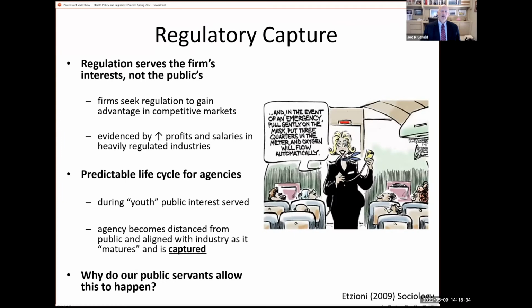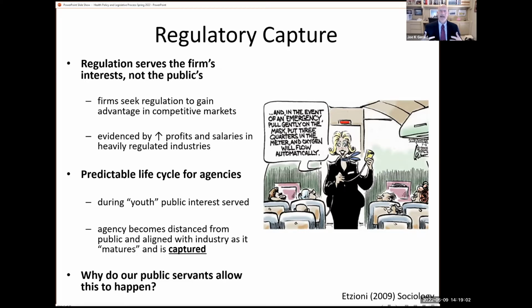Well, to fill in this particular gap of when public interest doesn't explain the legislation or regulation that's produced is something called regulatory capture. This theory basically says regulation oftentimes serves the firm's interest, not the public's. By the firm, we mean the industry that's being regulated itself is benefiting from the regulation, and the harms that are being produced are to the general public.